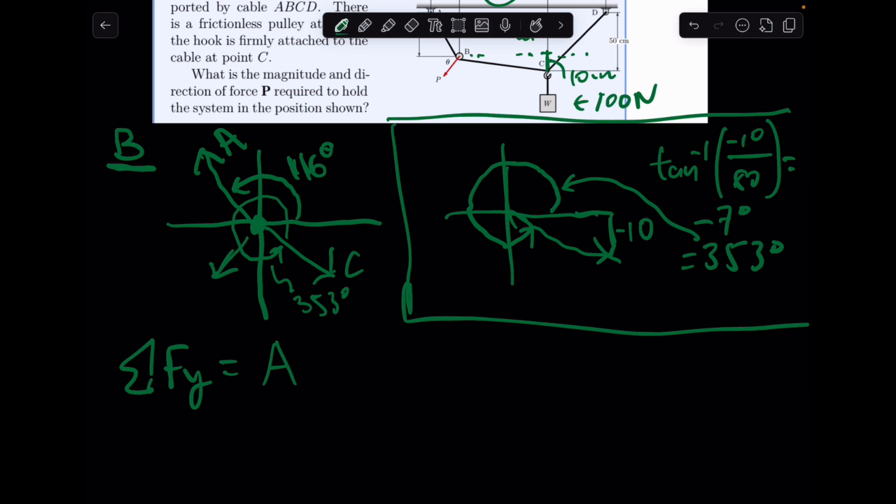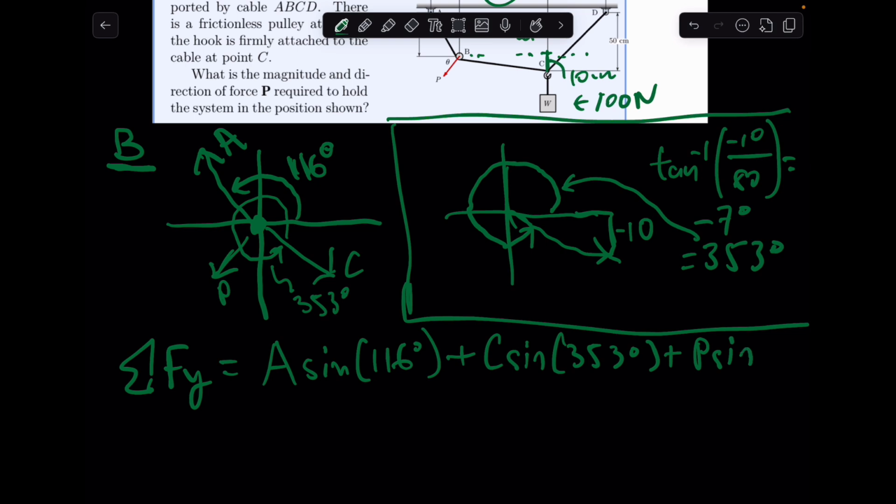times, we're doing the force in the y direction, sine of 116 degrees plus, now we look at the force P. Actually, let's look at force C better. We have this force P, but we'll take care of it later. So we have C sine of 353 degrees, and then plus P sine theta.